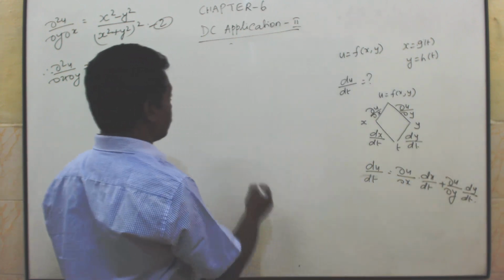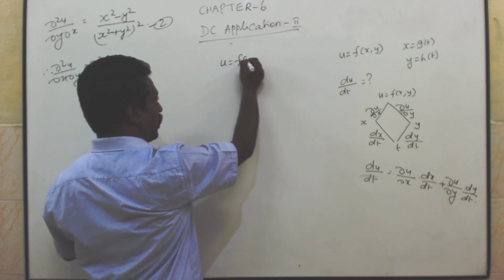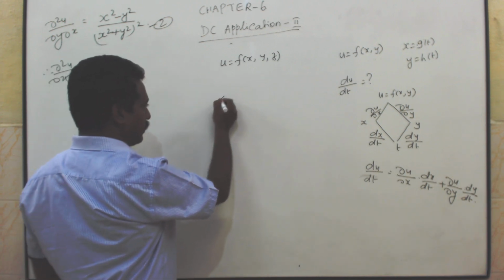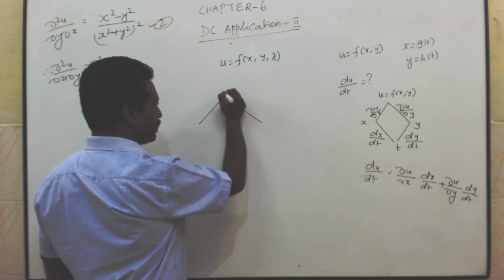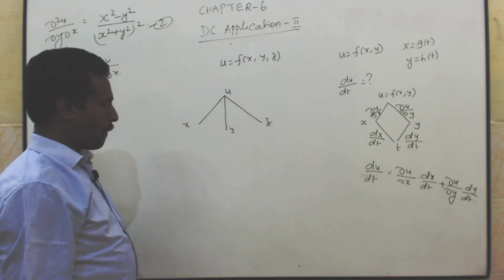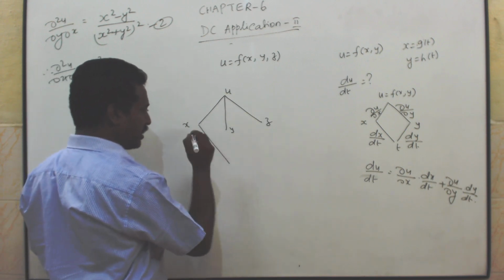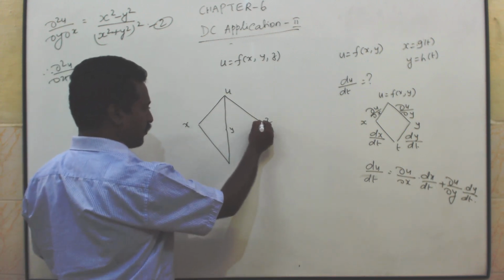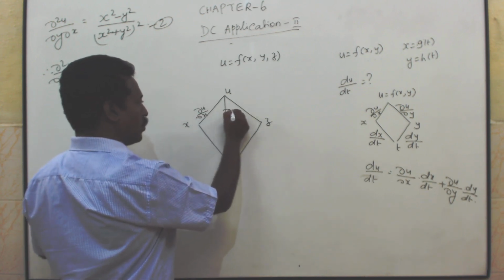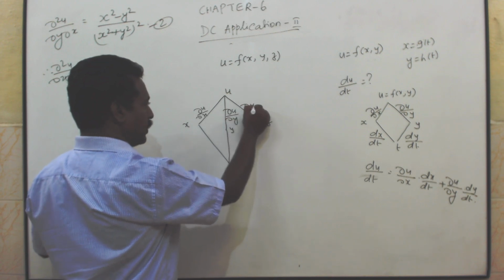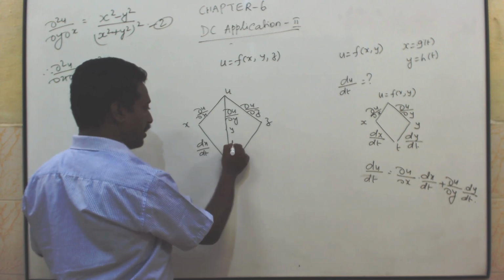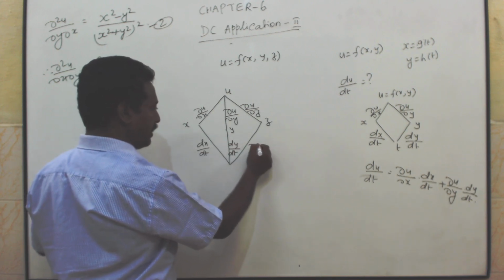Suppose three variables are given, u equal to f of x comma y comma z. Same method, u having three variables x, y, z. Then x is a differentiable function of t, y is also differentiable in t, and z too. This is dou u by dou x, dou u by dou y, dou u by dou z, dx by dt, dy by dt, dz by dt.